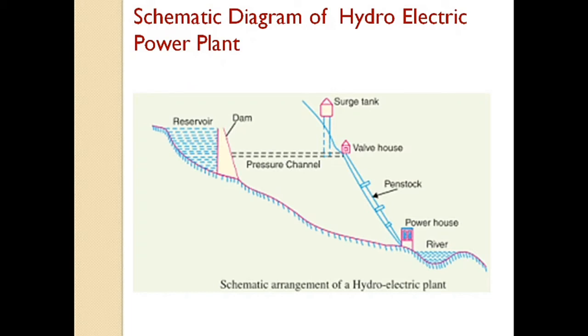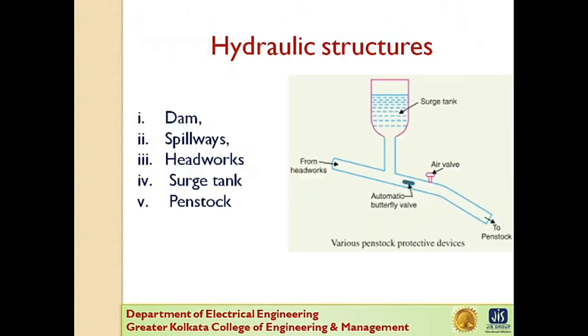The fourth one is the surge tank. Now, open conduits leading water to the turbine require no protection. But this is a closed conduit. However, when closed conduits are used, protection becomes necessary to limit the abnormal pressure in the conduit.